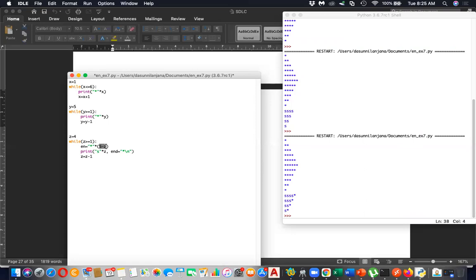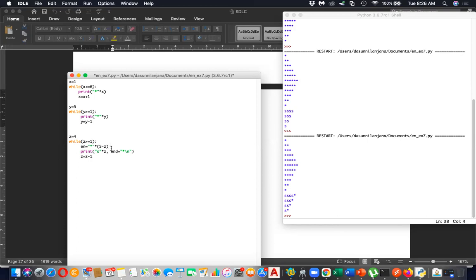Yes, 1. The second time, the value of z is 3, so 5 minus z is 2. Third time is 3. Likewise, the number of stars keeps increasing.